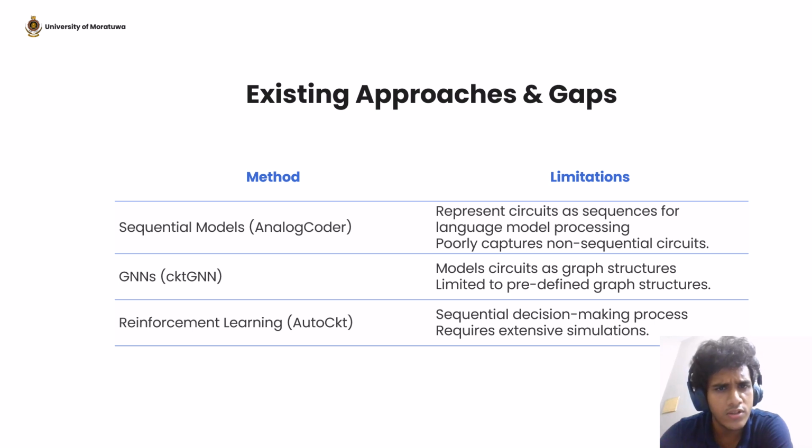And reinforcement learning models, like AutoCircuit, are powerful but need a crazy amount of simulation to learn anything useful. All of these approaches have their strengths, but they often miss the bigger picture, literally. They are good at making valid circuits, but not always the best ones.